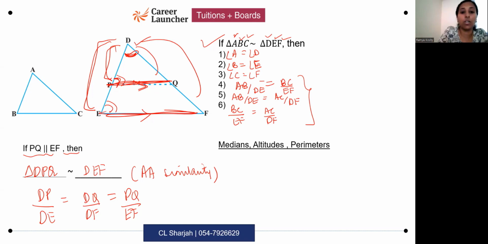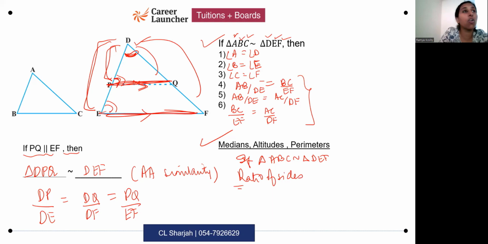Now the property between ratio of medians, ratio of altitudes, ratio of perimeters of similar triangles. If triangle ABC is similar to triangle DEF, the ratio of sides are already equal, we know.